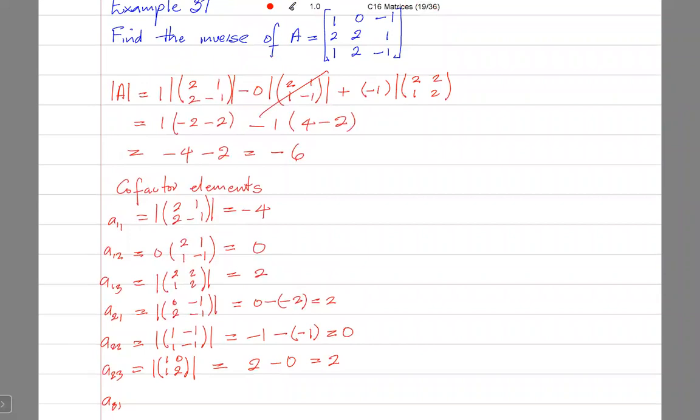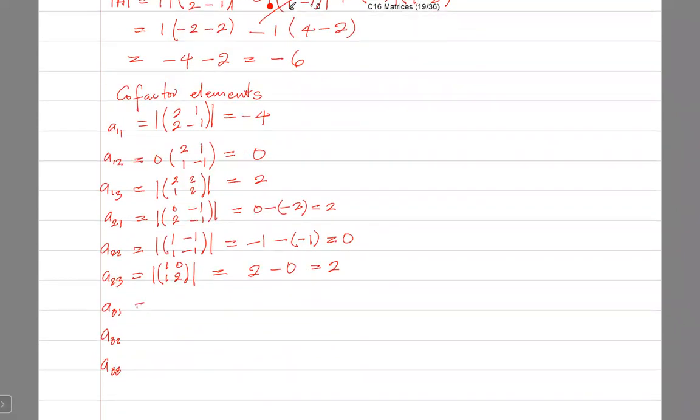Third one, 0, 2, 0, 2, minus 1, 1. Double check.